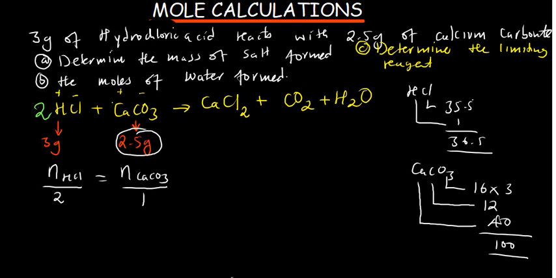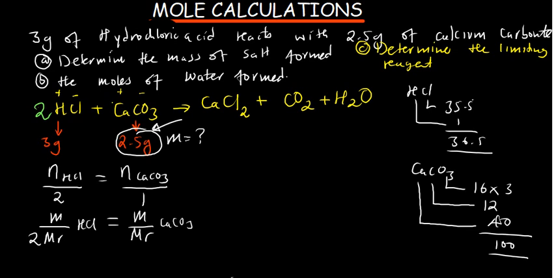Now, how do we again determine the number of moles? Number of moles is given by mass over molar mass. So this will become mass over molar mass. But remember, we already have a 2 down, so it will be mass over 2 times the molar mass of hydrochloric acid. This is going to be equal to mass over molar mass of calcium carbonate. So what we want to determine is the mass of calcium carbonate. We are taking it that we don't know the mass which is given.